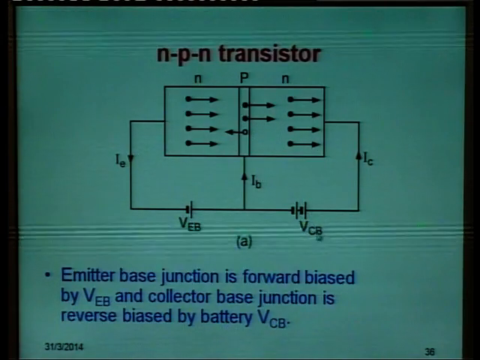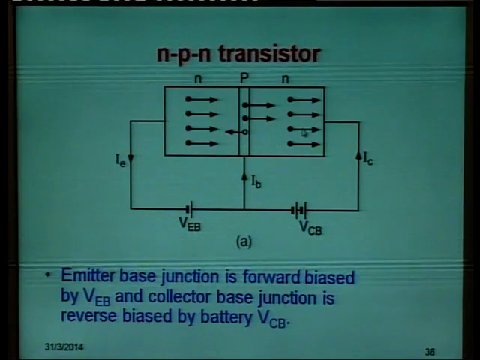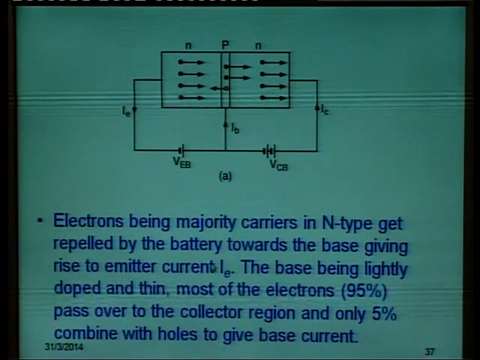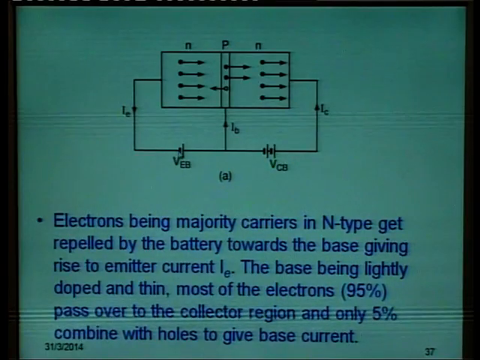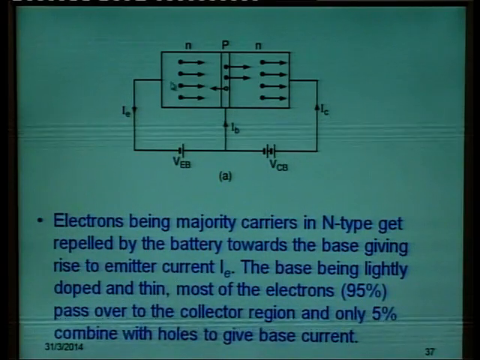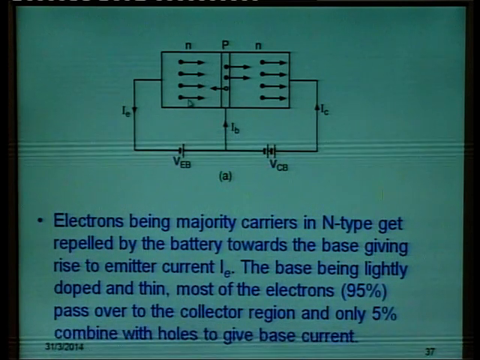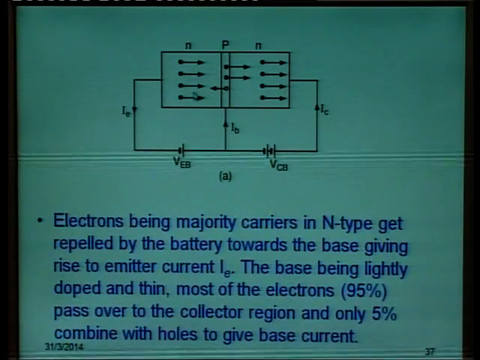because here it has to take up the majority carriers, and the majority carriers here are the electrons. So, electrons being majority carriers in N type, they get repelled by the battery. This negative terminal of the battery repels the electrons in this N type emitter. This gives rise to emitter current.